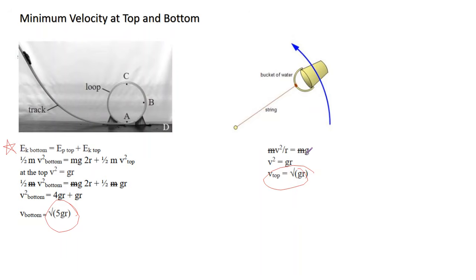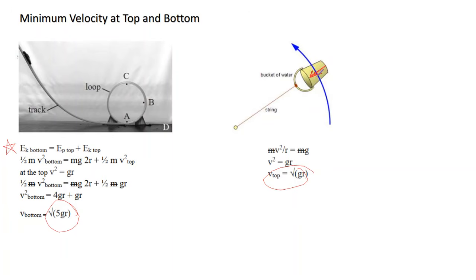And for minimum velocity at the top, this part is very important. When it's traveling with the minimum velocity, there is no reaction from the bucket or the glass on the water.